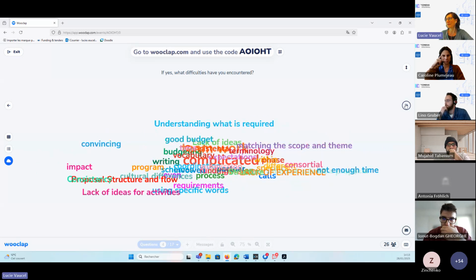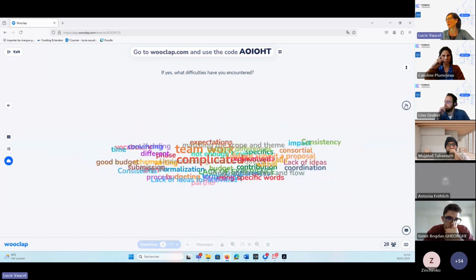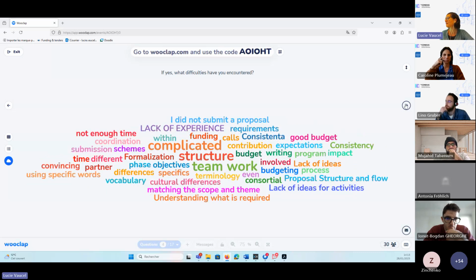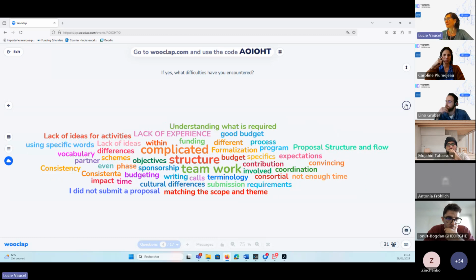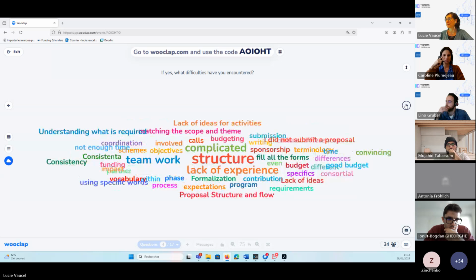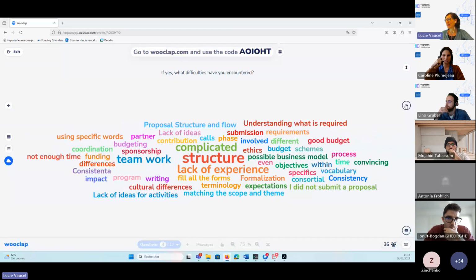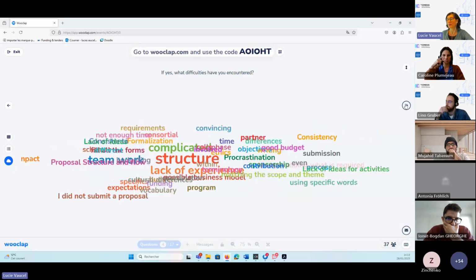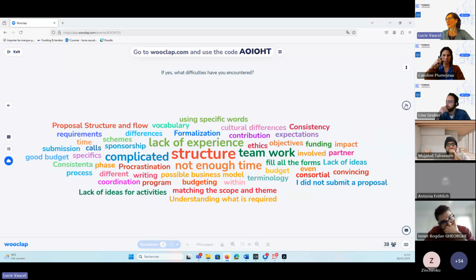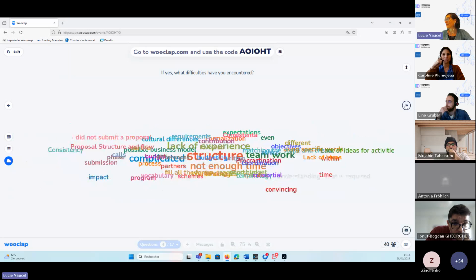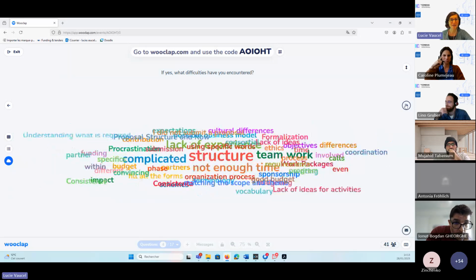Not enough time. Impact, we will talk about impact today. Objectives, terminology, structure, cultural differences, contribution, goals, funding. Partner, vocabulary, writing, matching the scope and theme. That's true. Teams, requirements. I feel like you are very inspired.